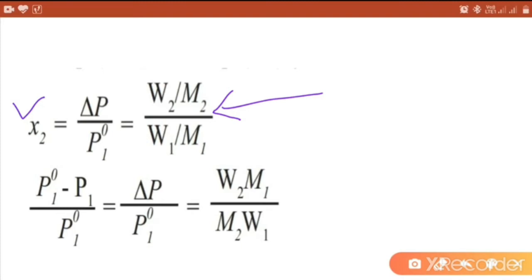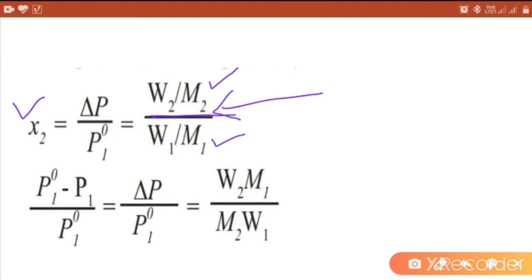x2 is equal to ΔP divided by P1⁰ is equal to w2 divided by M2, divided by w1 divided by M1.